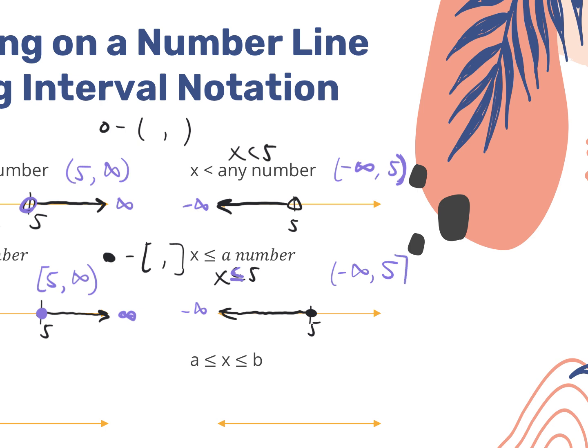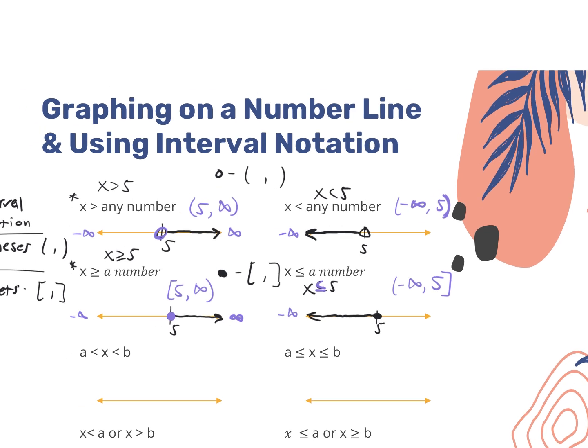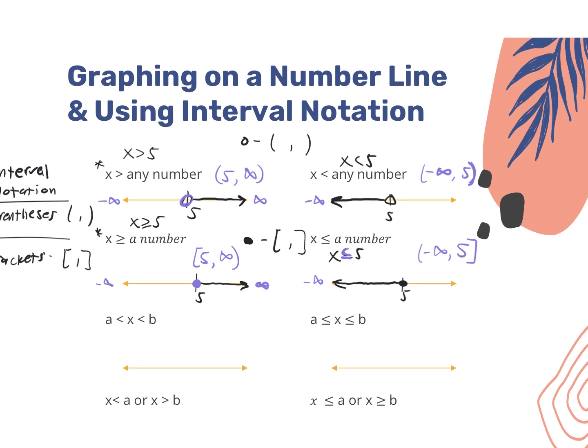So we're going to write it with a bracket, meaning we can go up to and including 5. So what you see in purple here is our solutions in interval notation. It might be a little bit different from what you're used to, but once we start working with them and once we start solving some inequalities, you'll get used to it pretty quick.